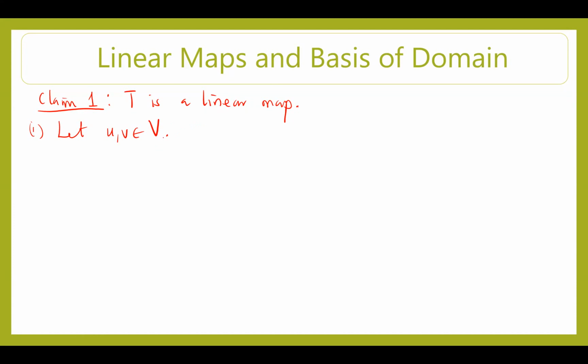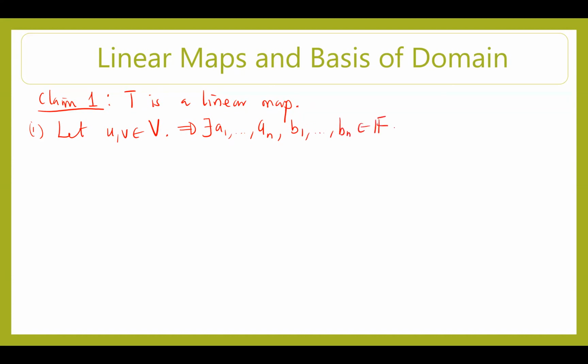All right, now u is coming from V, and B is a basis. It means that there exist some constants, let's call them a1 up to an for u, and let's call the ones for v b1 up to bn.